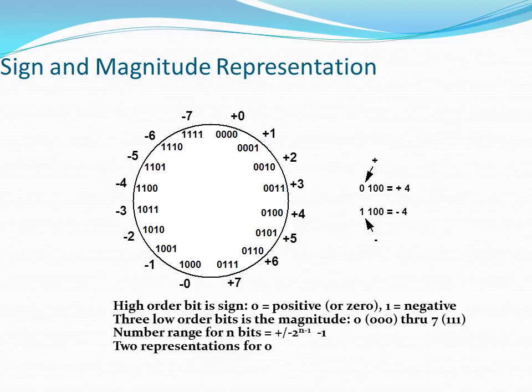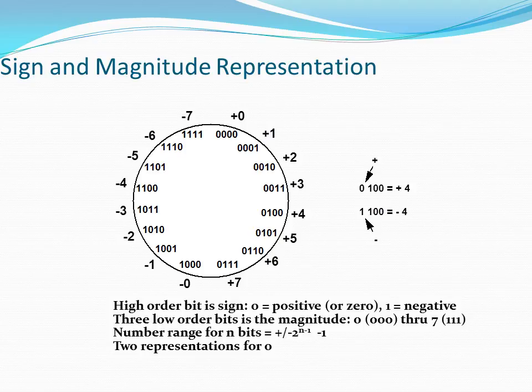These are all positive numbers, so the MSB bit is 0, and the remaining 8 are minus 0 to minus 7. Observe these minus 0 to minus 7: the MSB bit is always 1 for negative numbers, and the remaining magnitude bits are the same for positive and negative numbers. So this is the representation of positive and negative numbers in sign magnitude using the modulo n number system.